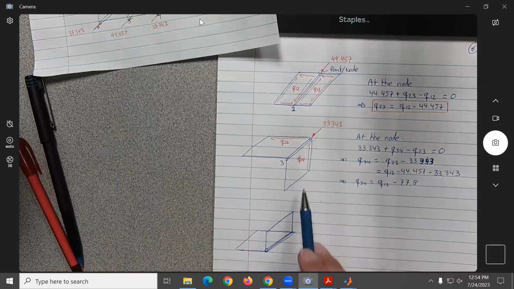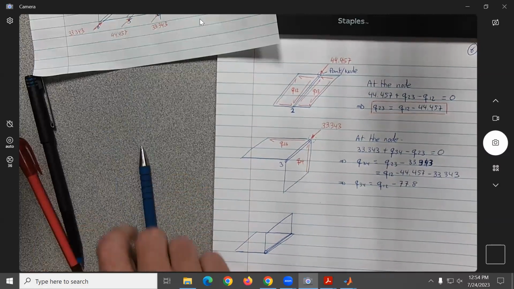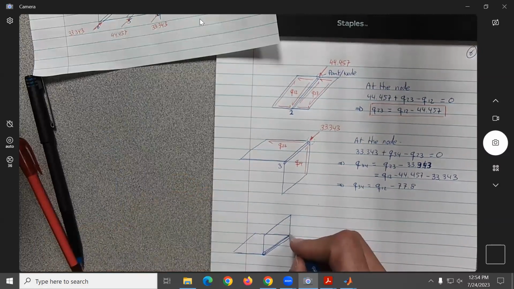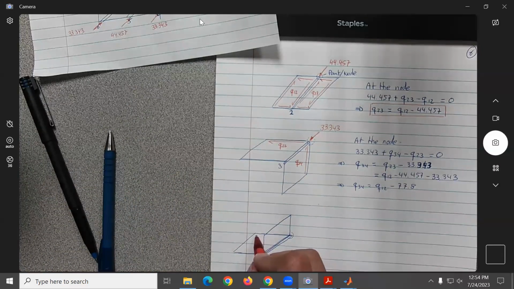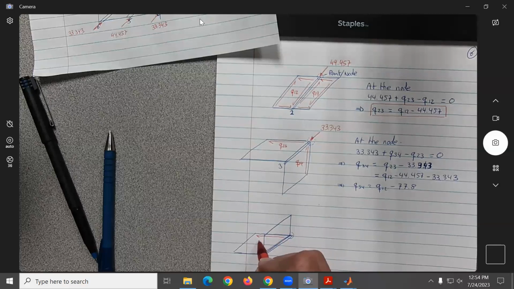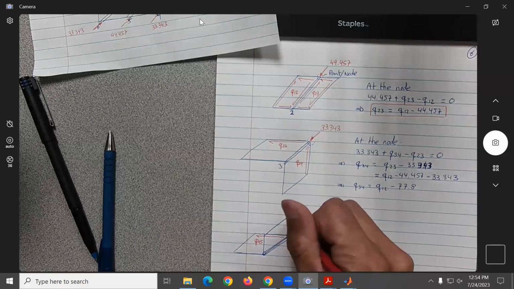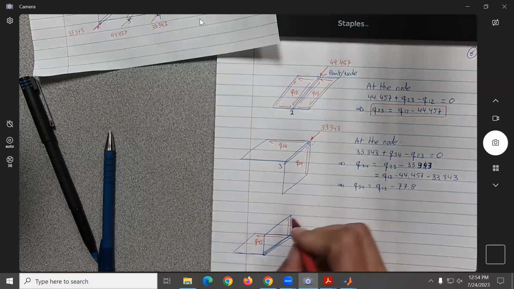This one is the same as the other one, so 4. Yeah, so we're going to have to look at the top here. We're going to have the Q for 5. The Q34.